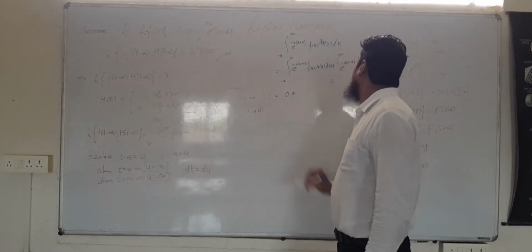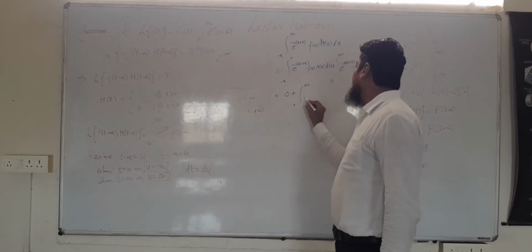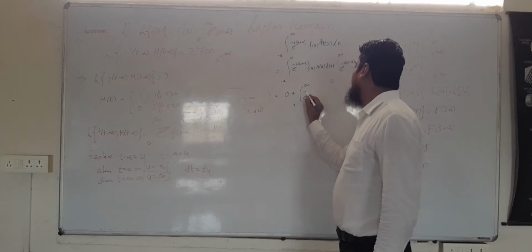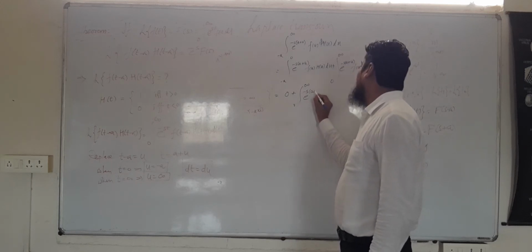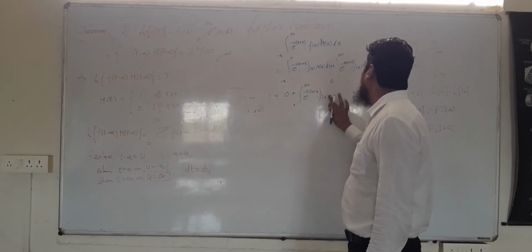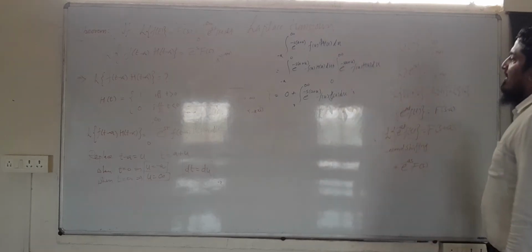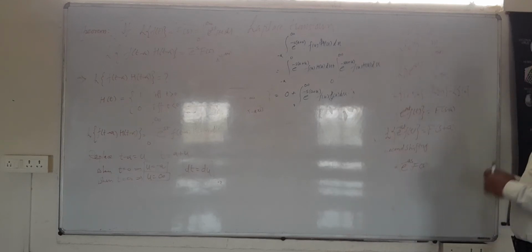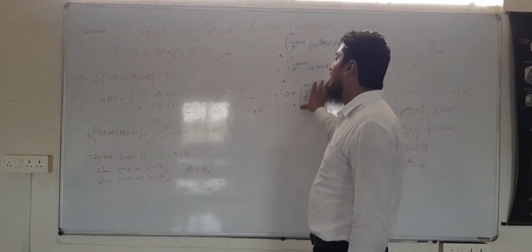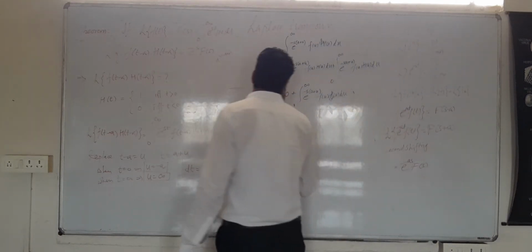Plus the integration from 0 to infinity of e raised to minus s(a plus u) f(u) h(u) du, correct? And we know that whenever t is greater than 0, the value of h(u) is equal to 1.